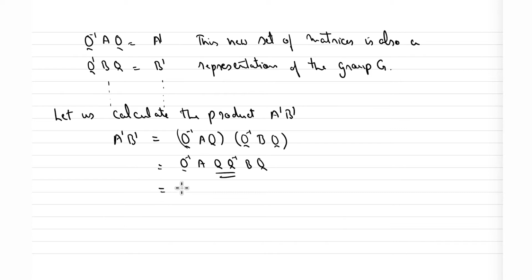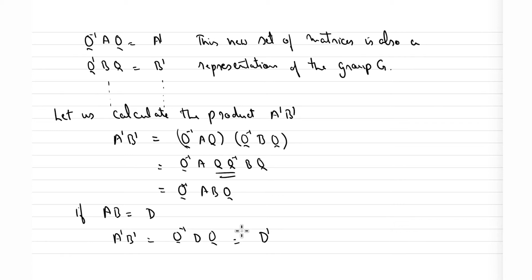Then we will have Q inverse AB Q, and let's say if AB is equal to D, we can say A prime B prime is equal to Q inverse D Q, and now this can be called as D prime.